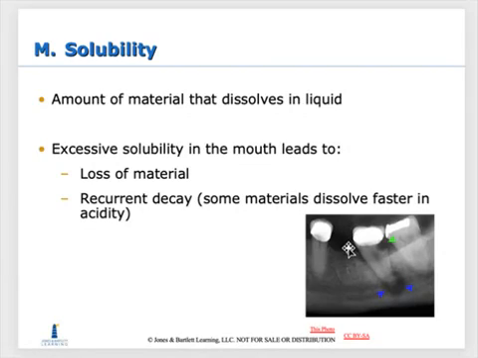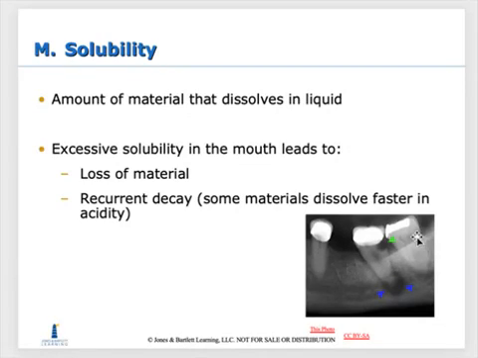Porcelain's pretty strong, but things that might be more apt to dissolve over time would be possibly composite sealants, things that are just a lot less resistant to that.